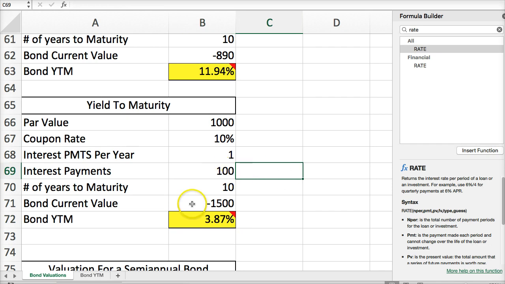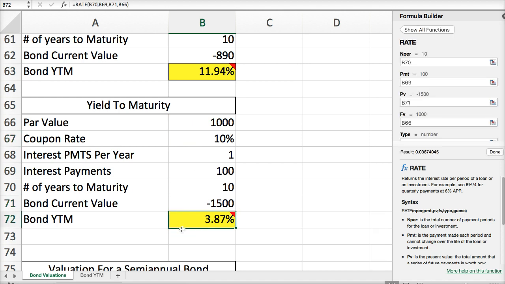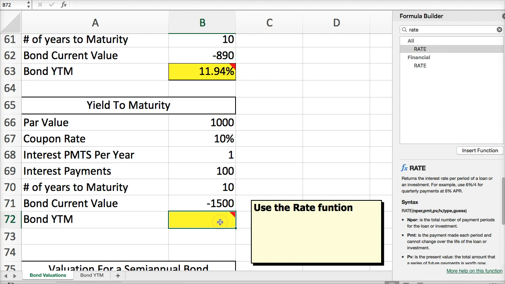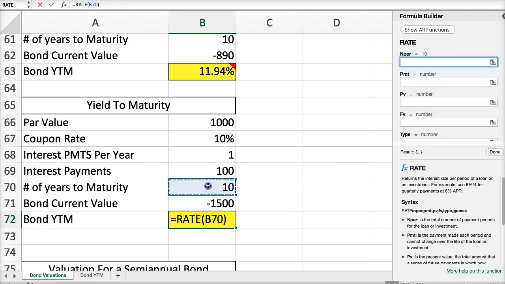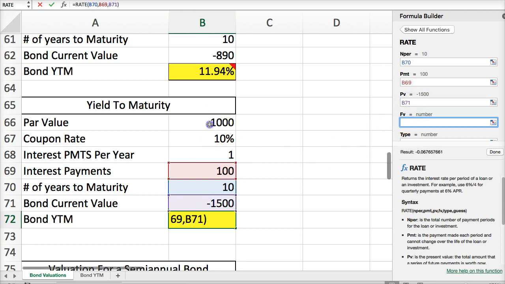So this is basically if it's going to sell at a premium of $1,500, a 10% bond is going to have a yield to maturity of 3.7%. I'm just going to recalculate that to make sure. So N per is 10, our payment is 100, present value 1,500, future value 1,000.